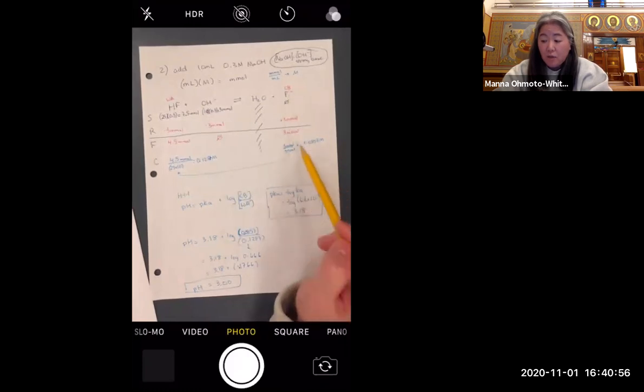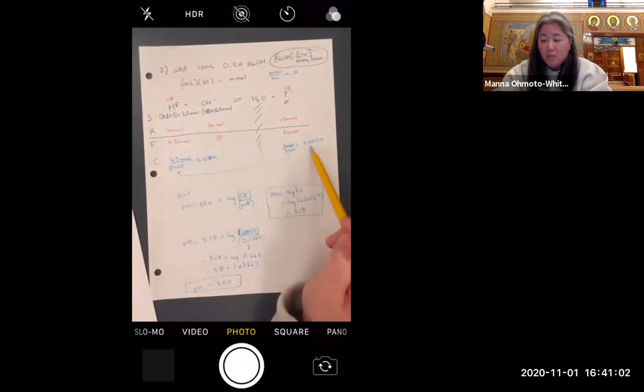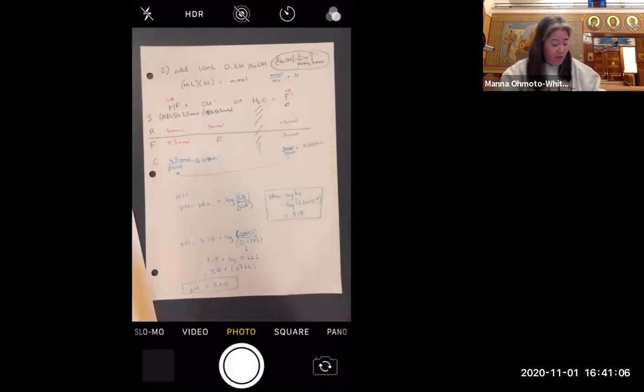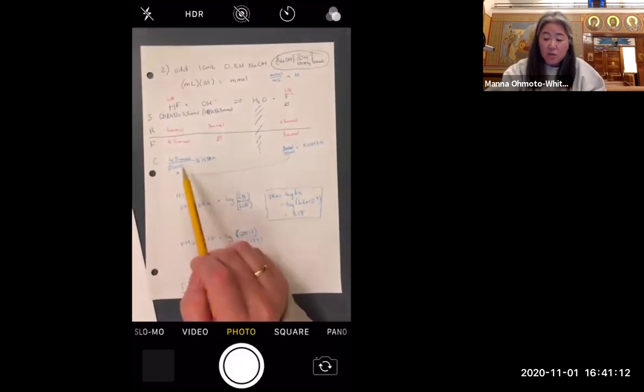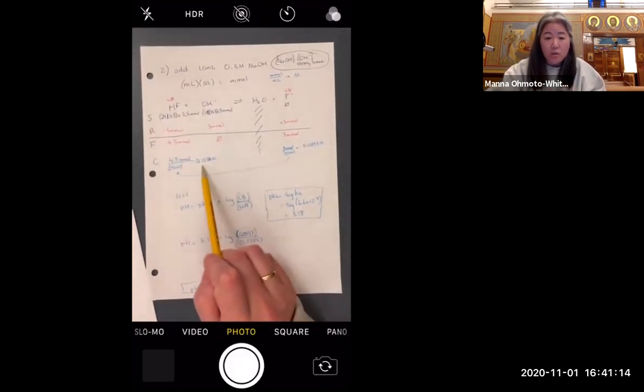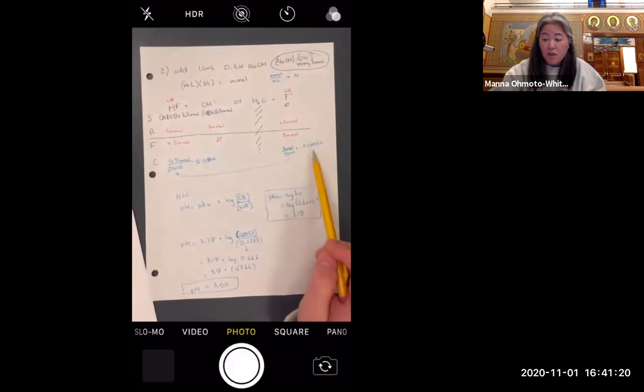And my fluoride ion concentration is going to be 3 millimoles over 35, again 25 plus 10, and it ends up being 0.0857 molar. So as we said before, as I'm adding base, my weak acid concentration goes down, 0.3 to 0.1287, and my conjugate base concentration goes up from 0, in this case to 0.0857.